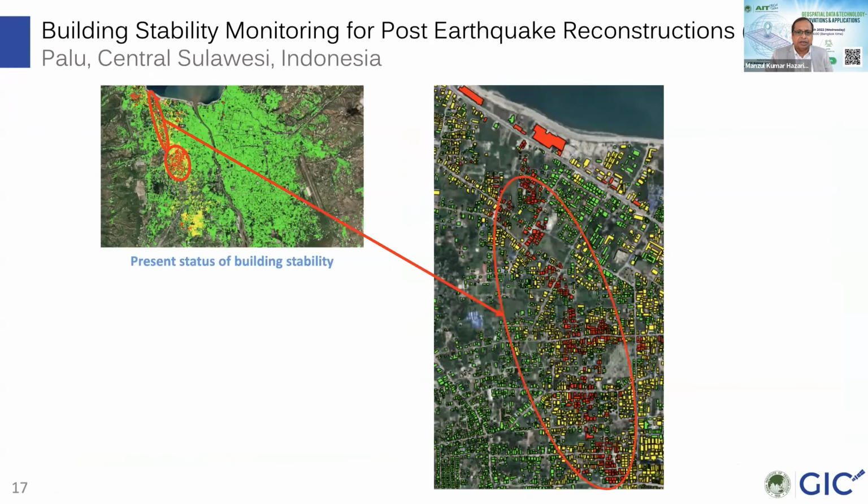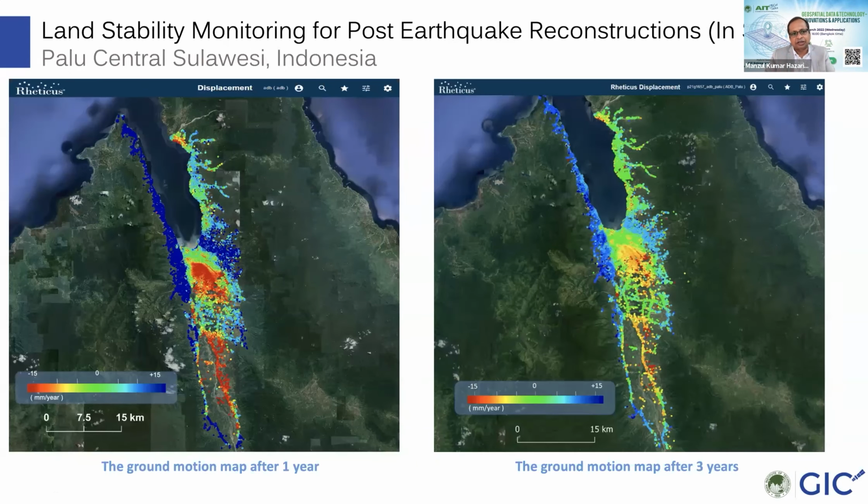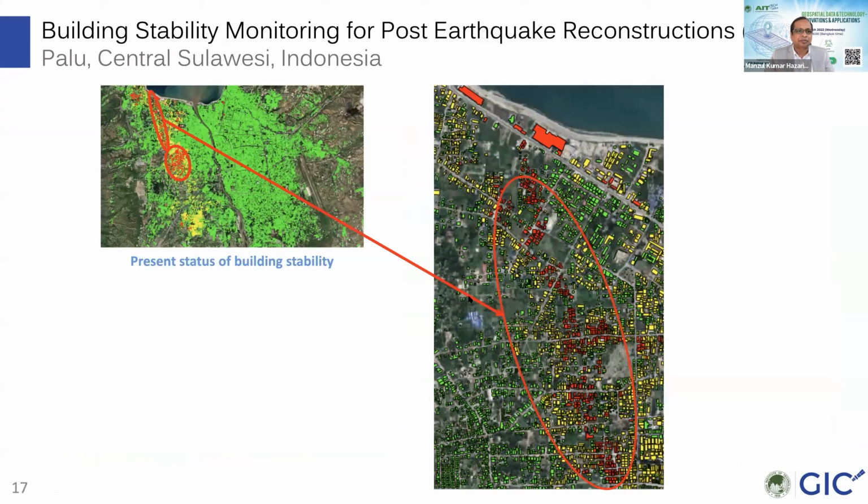So this is the overall situation of the ground, but we also look at the building level. So you can see this area along the fault. So these are the buildings. Red one is unstable. So they are still either going up or going down. I think to become stable, it takes several years because of this geological event.